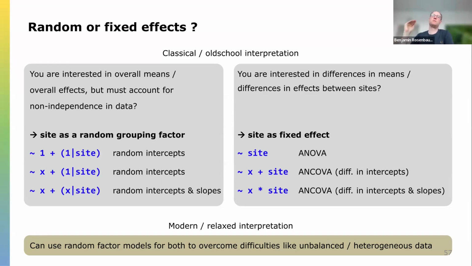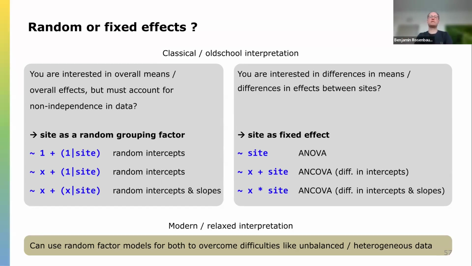You would just model site as a classical variable. And then here you would have these ANOVA, ANCOVA with additive or ANCOVA with interaction type of models. So when you are actually interested in some effect, you model it as a fixed effect. If you just want to account for it, you model it as a random effect.